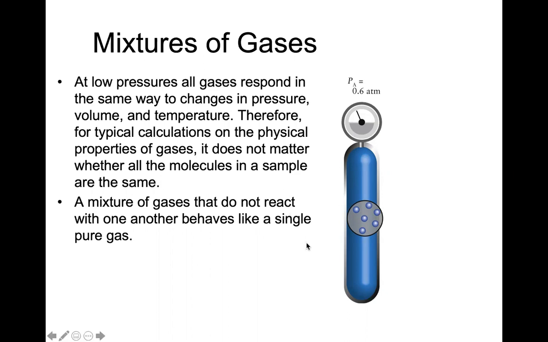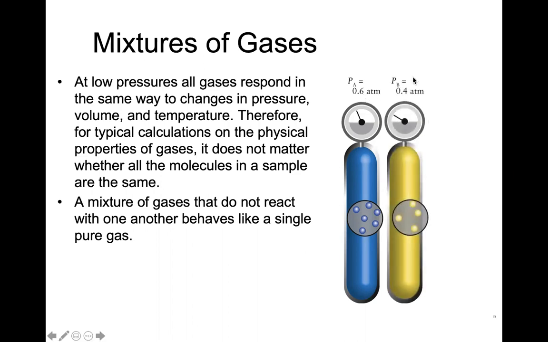This is what I mean by that. So let's say you had a cylinder here and it was holding gas A. The pressure of that was 0.6 atmospheres. What if you had another cylinder that had gas B and it had 0.4 atmospheres? Notice in this picture, there are fewer particles of B than A, so that's why the pressure is different.